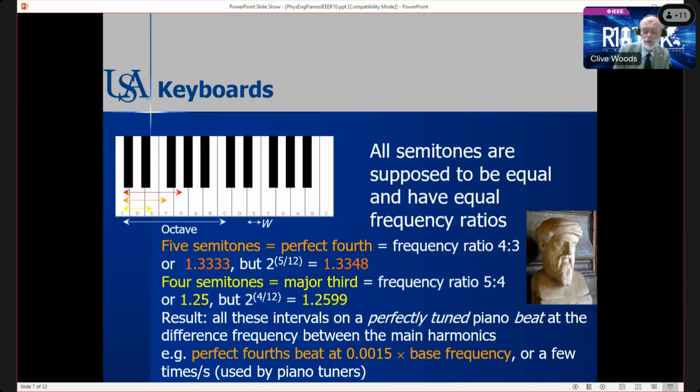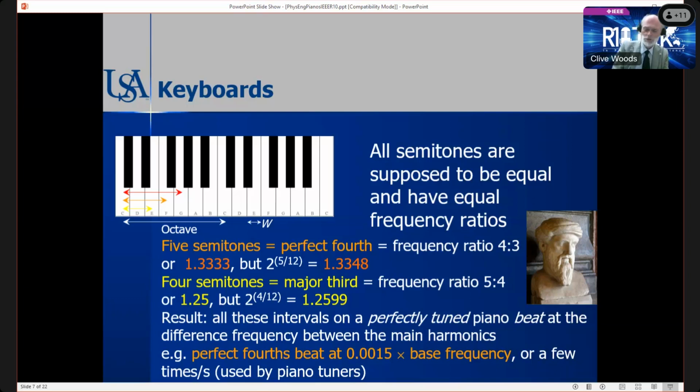So it's really a very clever way of tuning a piano perfectly by listening to the beats between harmonics. If you've not ever heard that phenomenon, ask your piano tuner to demonstrate it next time you get your piano tuned, and you'll hear what I mean.